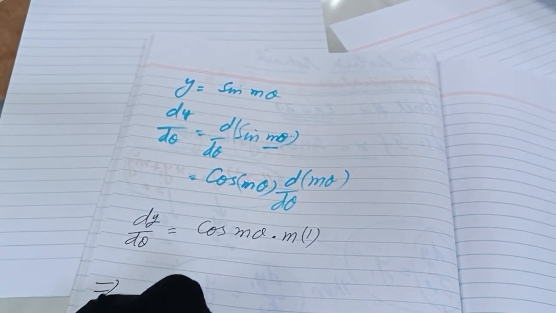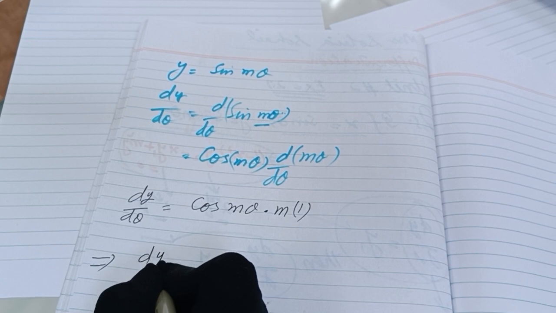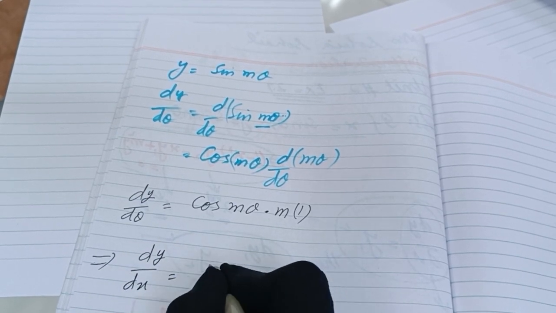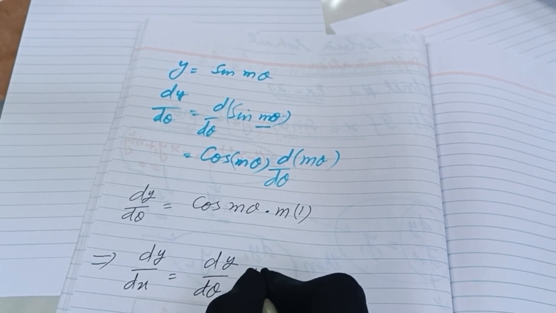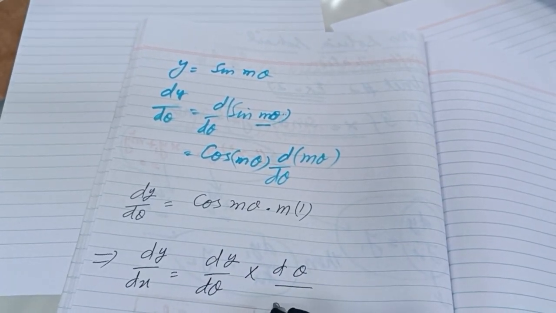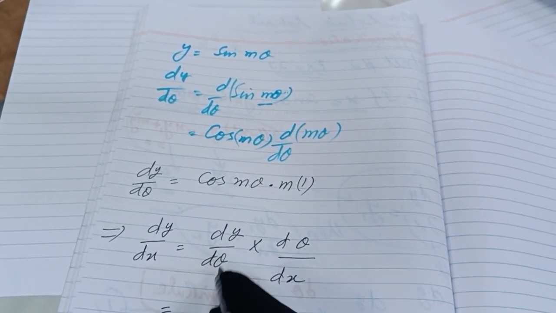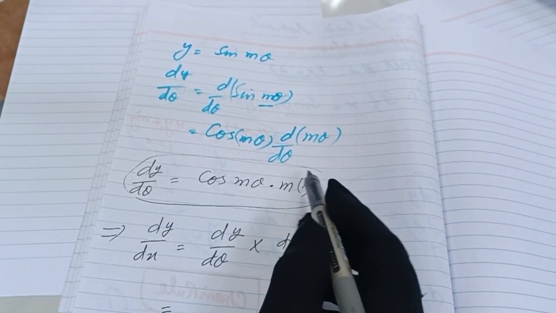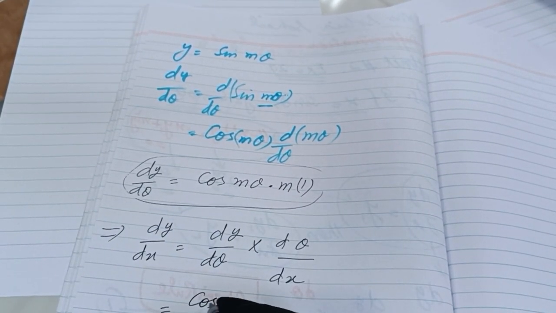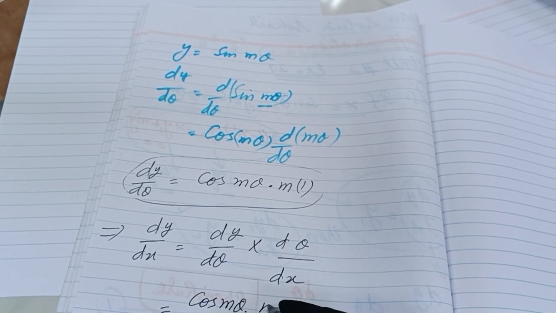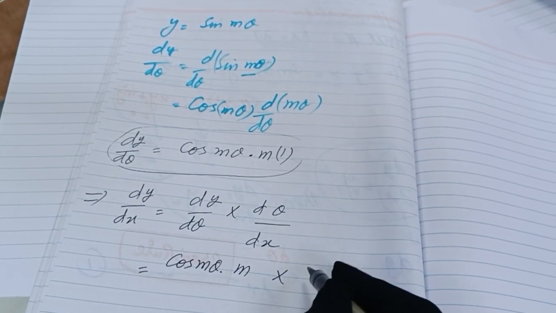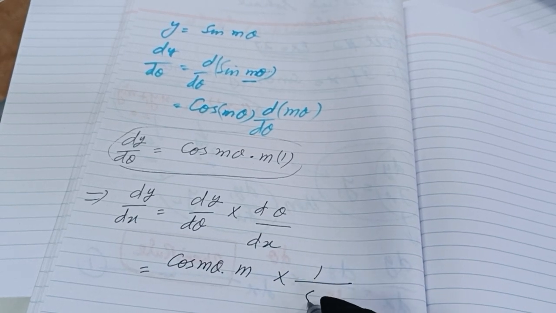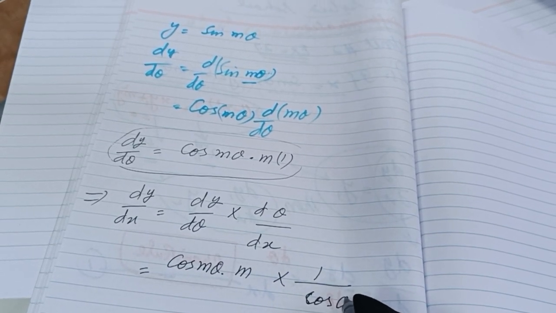Now if we write the chain rule, we know that when theta is involved, it is dy by d theta into d theta by dx. Very good. dy by d theta means this one, that is cos of m theta into m. d theta by dx is the reciprocal of dx by d theta, that is 1 over cos of theta.